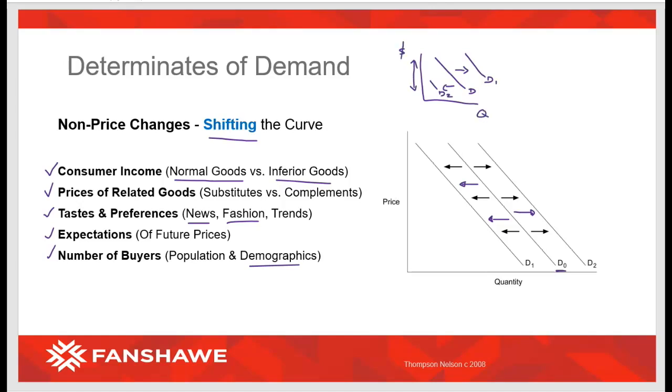As price is going up and down, we will see movements along the curve to new positions. Whether the curve is here or here or here. Right? It's always true that when you adjust the price, you see a change in quantity demanded, which means a movement along the curve. And if anything other than price changes, then we see a shift of the entire curve itself. So that's the first half.